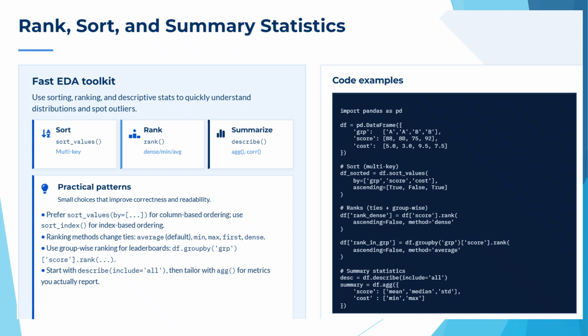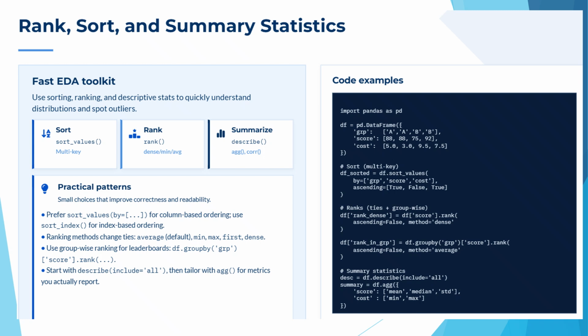The function sort_values is used to order data based on one or more columns, and it supports multi-key sorting where different columns can have different sorting directions. The rank function assigns ranks to values, and it provides multiple methods to handle ties such as average, minimum, maximum, first occurrence, or dense ranking. Dense ranking assigns consecutive ranks without gaps, while average ranking assigns the mean rank to tied values.